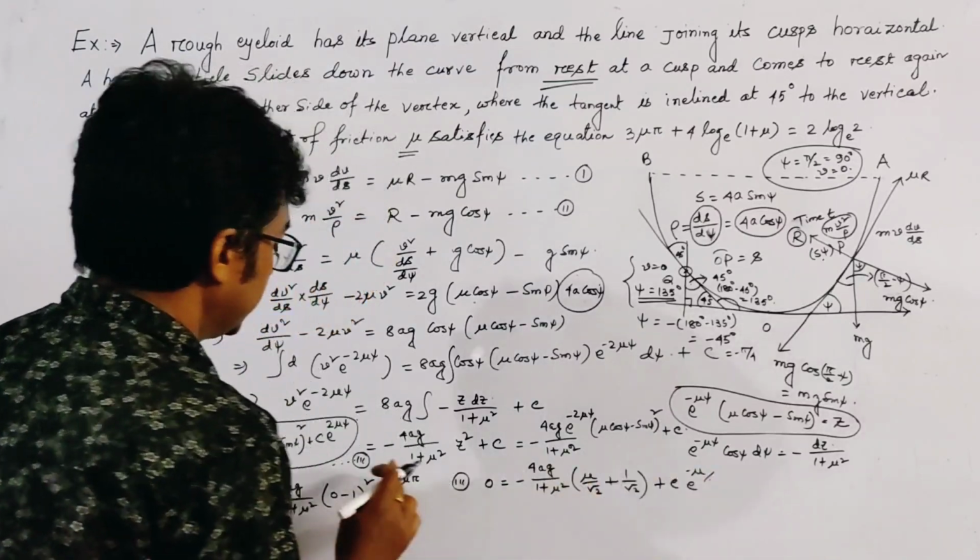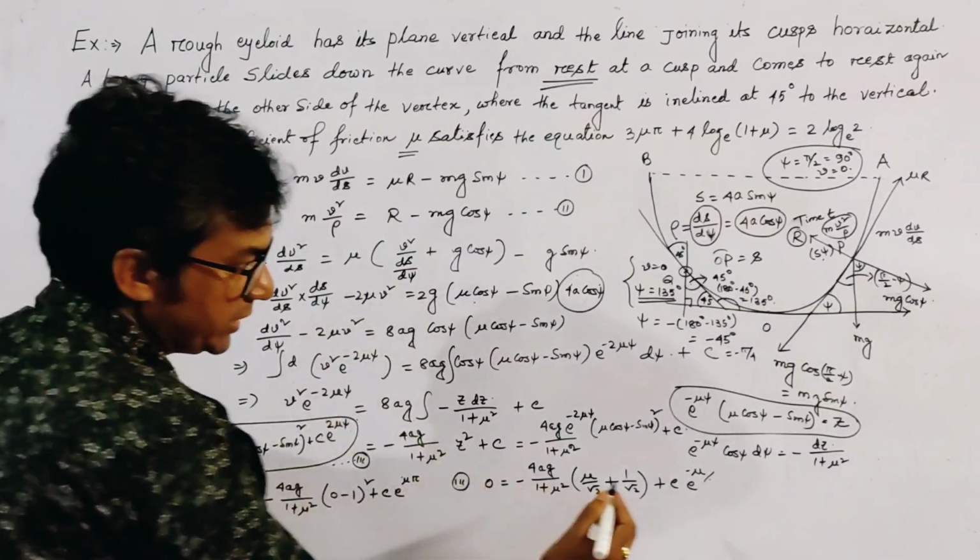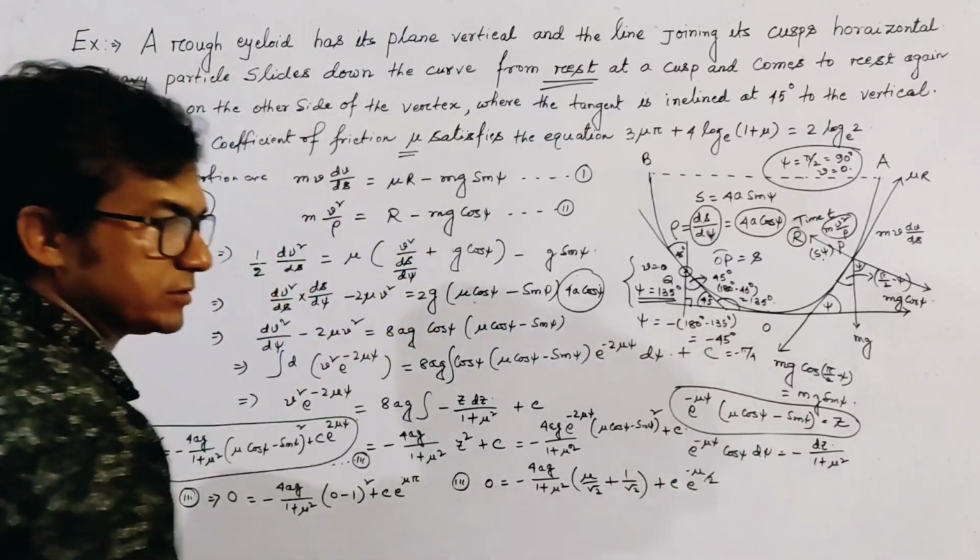Sorry, yes, this is right, psi is minus pi by 2, so minus mu by 2 here.